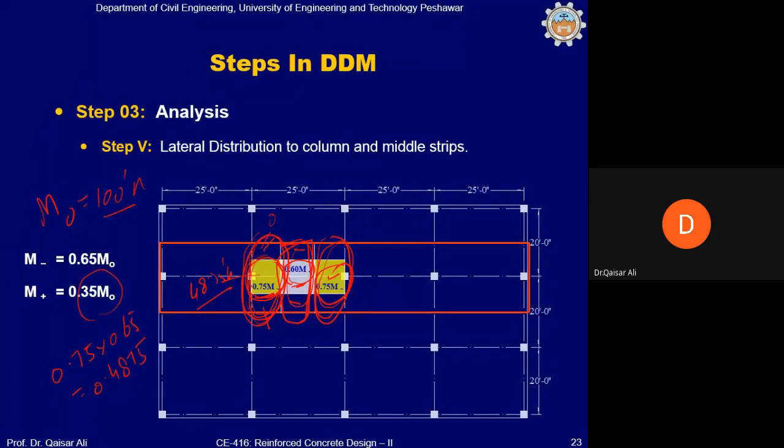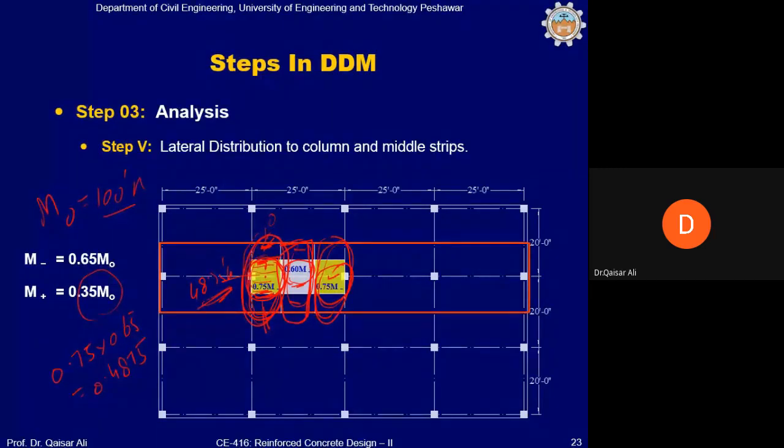So 8 foot kip will come here, 8 foot kip will come here, and 48 will come here in this strip. So when we want to design this frame, this column strip will be designed for this 48 foot kip bending moment, and the middle strip will be designed only for 8 foot kip. Which means that a lot of reinforcement will be required here, at top bars in the column strip. Okay, this you will see in the coming slides.